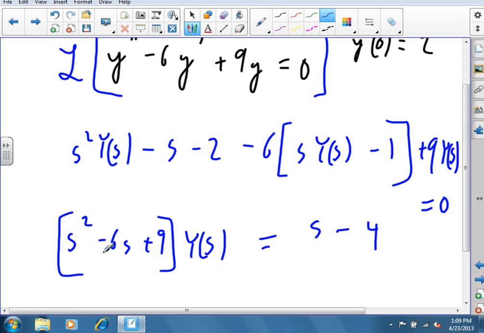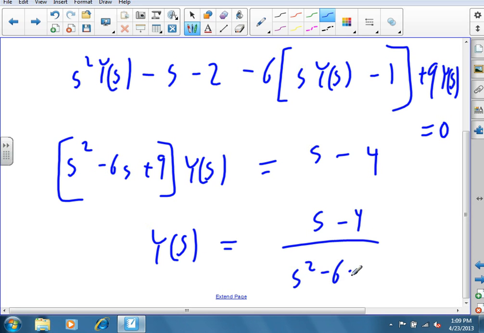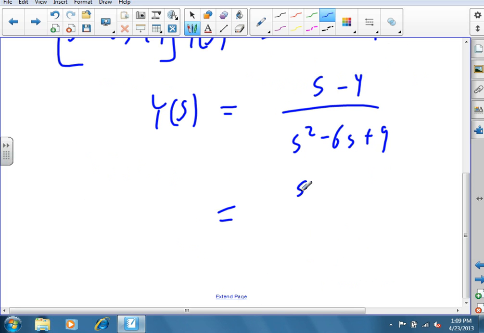Notice that the s squared minus 6s plus 9 looks very similar, if not exactly the same as the characteristic equation. Obviously for good reason. S minus 4 over s squared minus 6s plus 9, which is s minus 4 over s minus 3 squared.